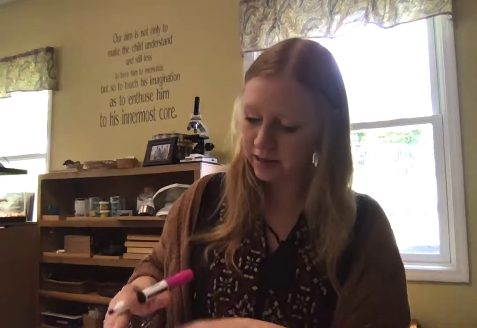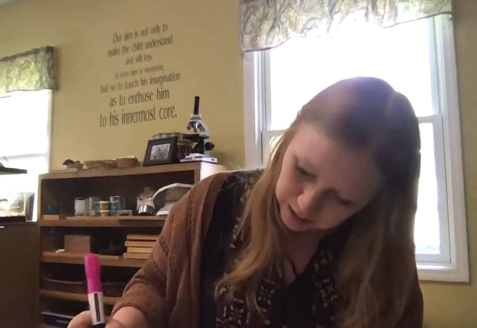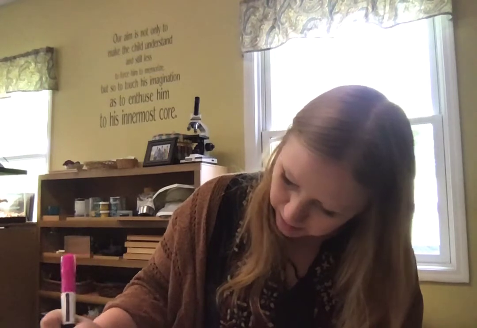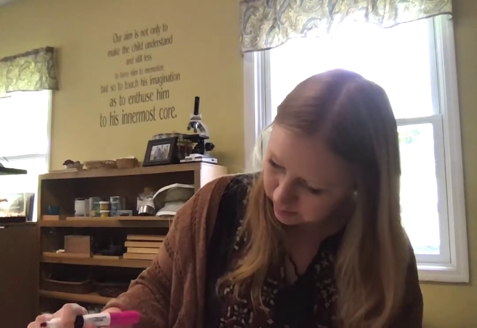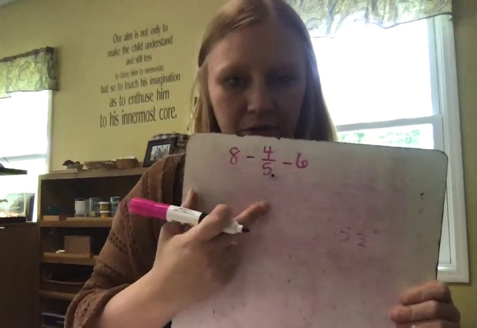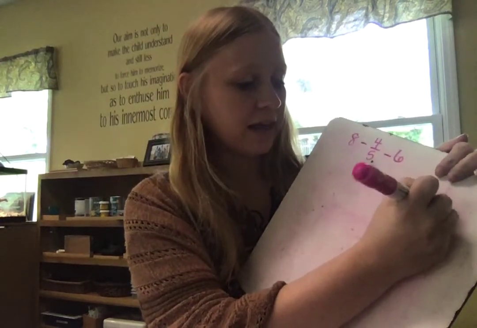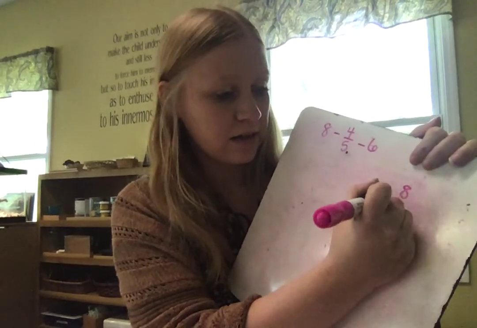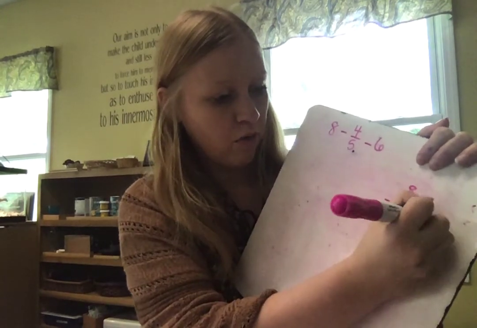Let's keep going. These are actually pretty easy, the ones they have you working through today. Number 3, 8 minus 4/5 minus 6. So let's start with 8 minus 4/5.